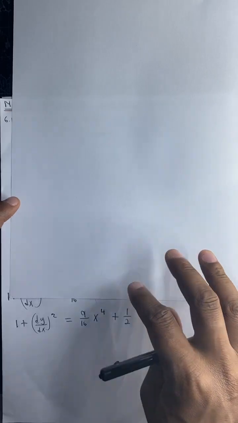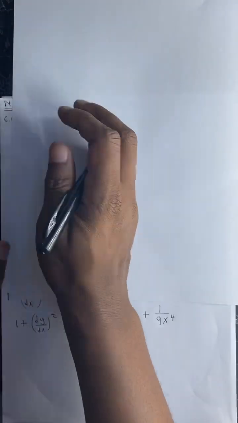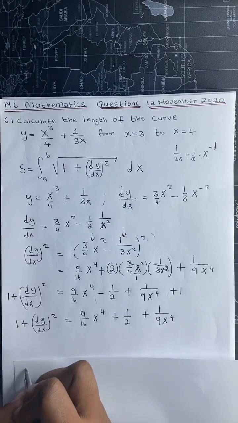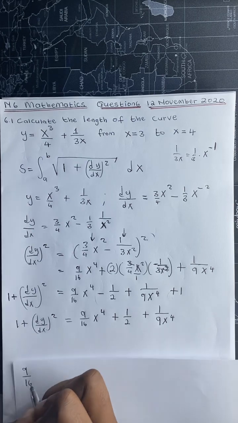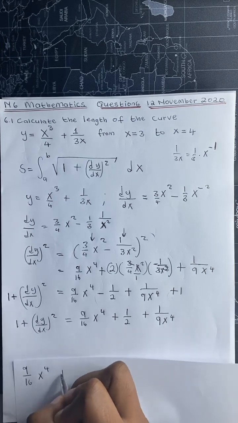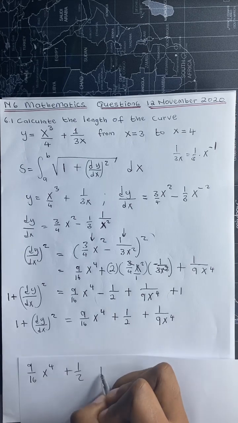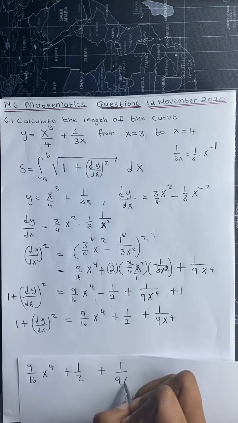So let's try to factorize this first. So we have 9 over 16 x raised to the power 4 plus 1 over 2 plus 1 over 9x to the power 4.